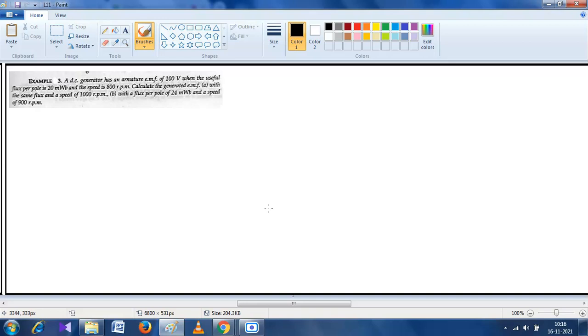Calculate the generated EMF (A) with the same flux and a speed of 1000 rpm, and (B) with a flux per pole of 24 milliweber and a speed of 900 rpm.